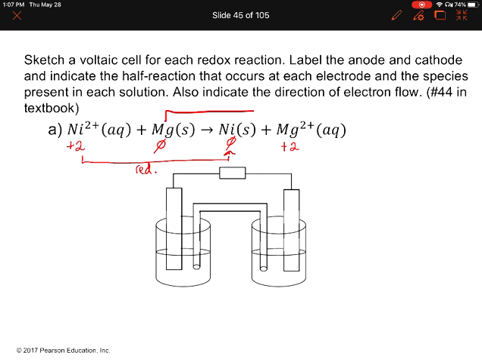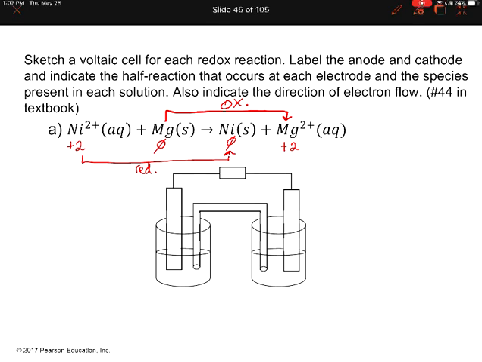What about magnesium? Magnesium has an oxidation number of 0 to start and then +2 at the end. So is it gaining or losing electrons? It's losing electrons. So is it being oxidized or reduced? Oxidized. Okay, so we have our two half reactions.